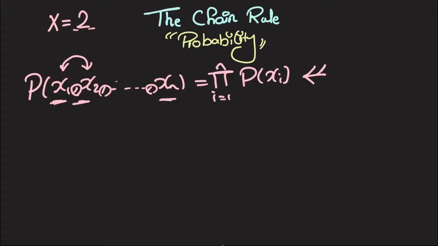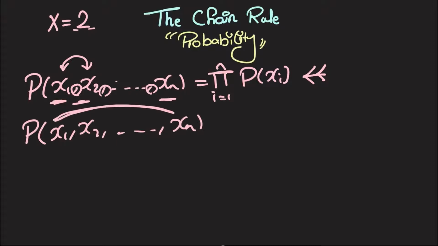So we know how to do this if they're independent, but how about if they're not independent? We're looking for the joint probability of x1, x2, all the way to xn, given that these events are not independent. For this, we'll have to use the chain rule.